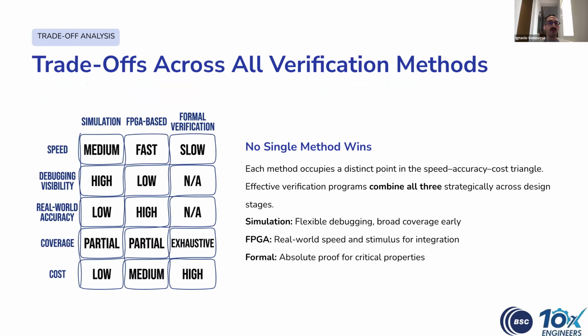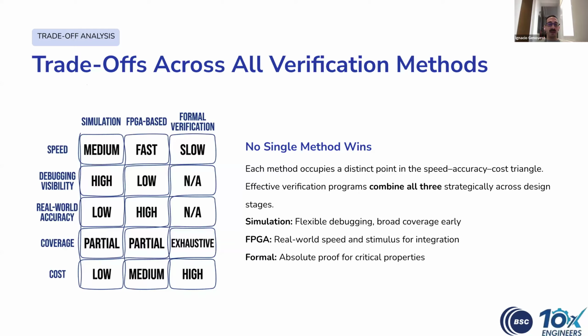So no single method wins. We need to combine them all. Each one occupies a distinct point in speed, accuracy, and cost, right? Simulation provides flexible debugging and broad coverage early in the design cycle. It is best for finding bugs, but not for running long tests.